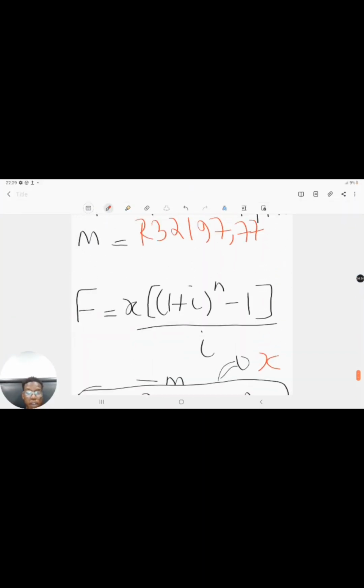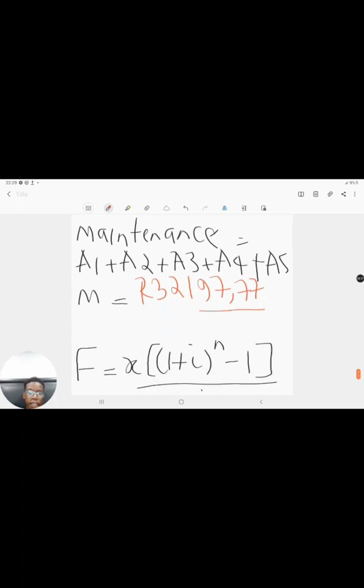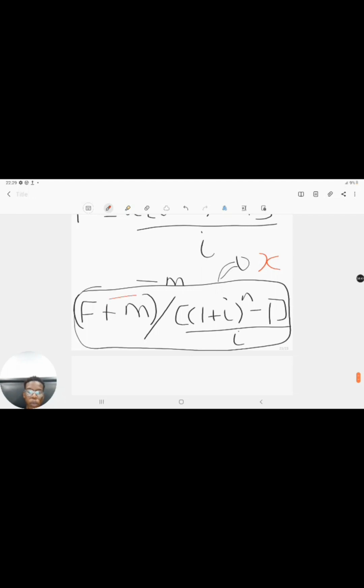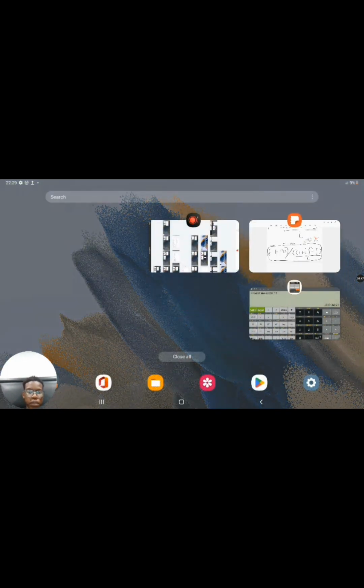That's the maintenance, right? Because we're adding them together here. F plus M, we're adding F and M, right? Divided by all of this stuff.